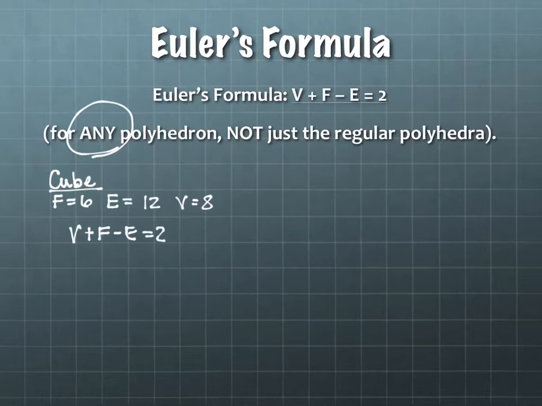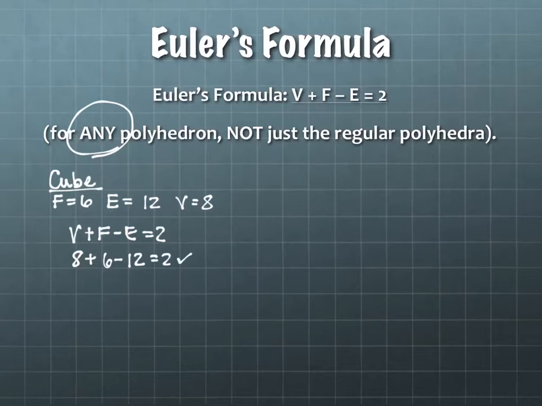And that should equal 2. Vertices is 8. Faces is 6 and edges is 12. So what is 8 plus 6? 14. And what's 14 minus 12? 2. So it works.